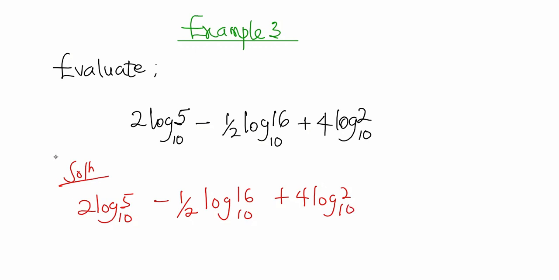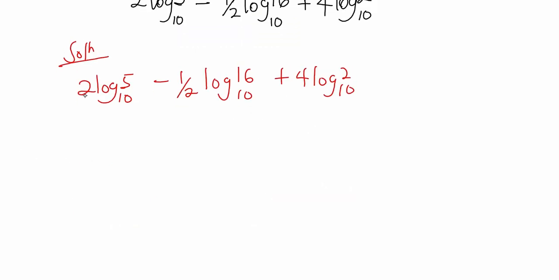Now we have our question as 2 log 5 base 10 minus half log 16 base 10 plus 4 log 2 base 10. And with this, we can see that this 2, the coefficient of the logarithm 5 base 10, can be written as an exponent to the argument 5 by applying the product index law. So at this point, we can have logarithm of the argument 5 exponent 2 base 10 minus, so the same half can also be written as an exponent to the argument 16 by applying the product index law.